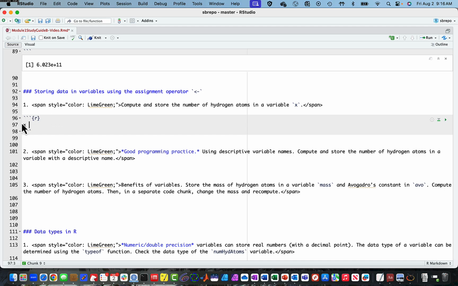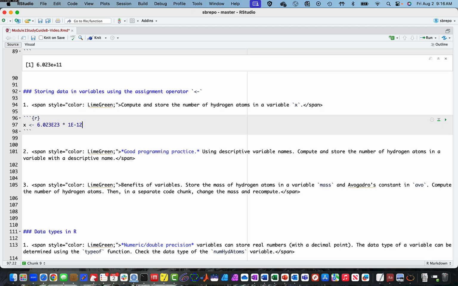So this symbol is the assignment operator, and you can see it's sort of an arrow going left towards a variable. So you're saying you are storing the data on the right in the variable. And in this case, it would be Avogadro's constant times a picogram, which is 1e negative 12.